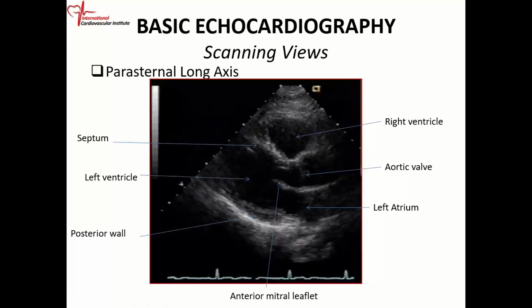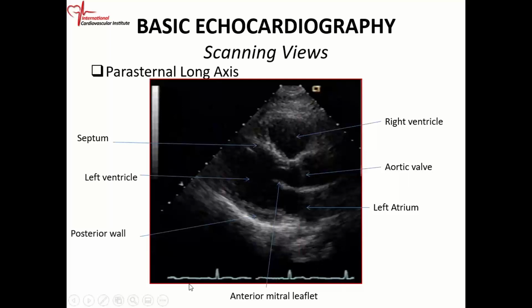Again, the probe or the transducer is in the third or fourth left intercostal space. The marker points towards the patient's right shoulder, and you probably have to make some minor adjustment to get something looking like this. And these are the different structures.